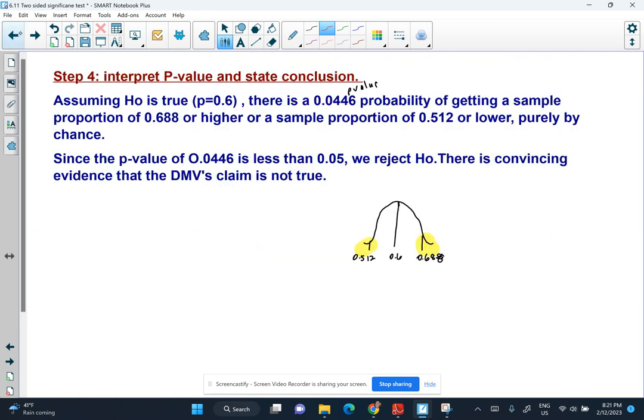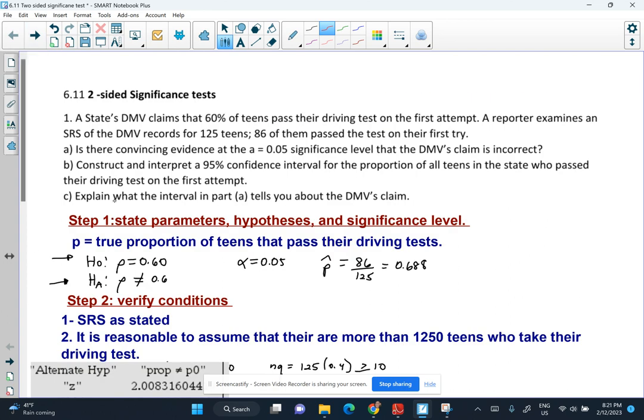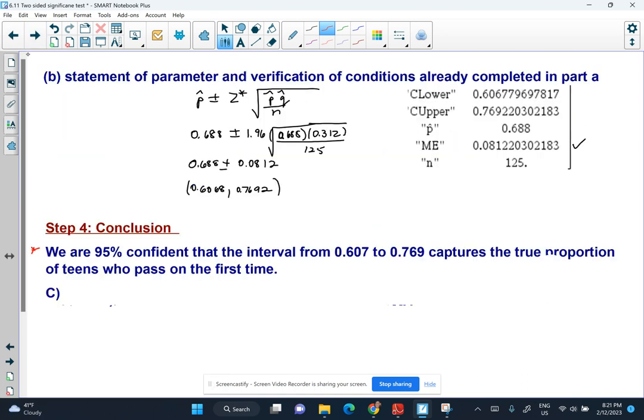And then finally, the last part of the problem says, explain what the interval in part A tells you about the DMV's claim. So what information does this interval of 0.607 to 0.769 provide that the hypothesis test doesn't? What it does is it gives us the plausible values. The claim that the DMV was making was that the real proportion of students who pass on the first test is 60%.